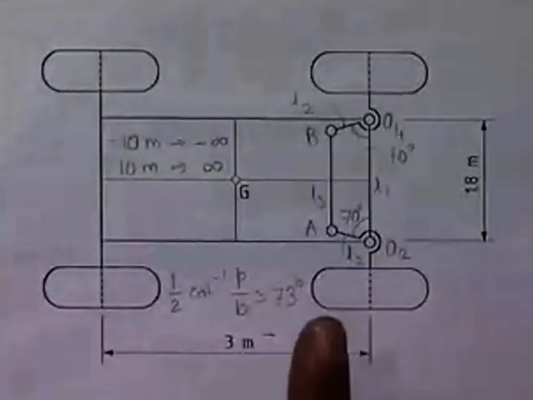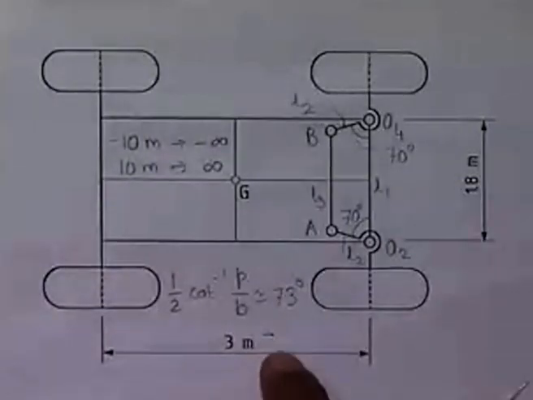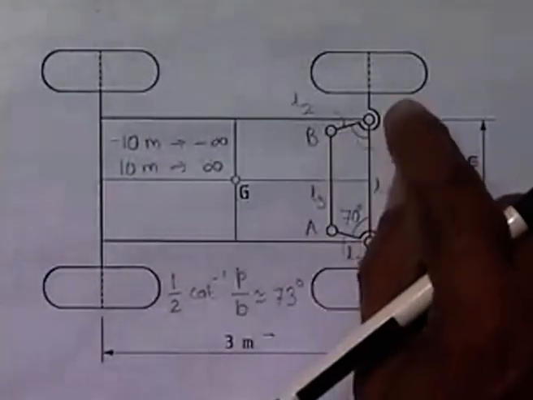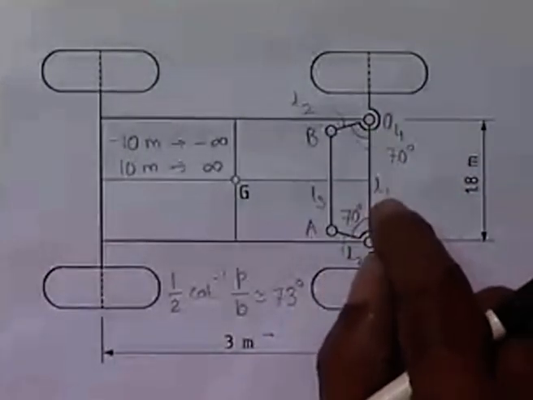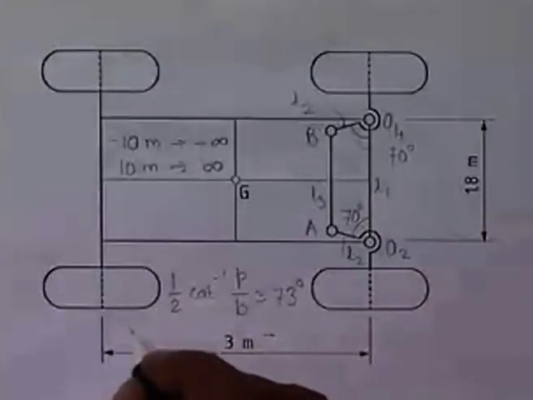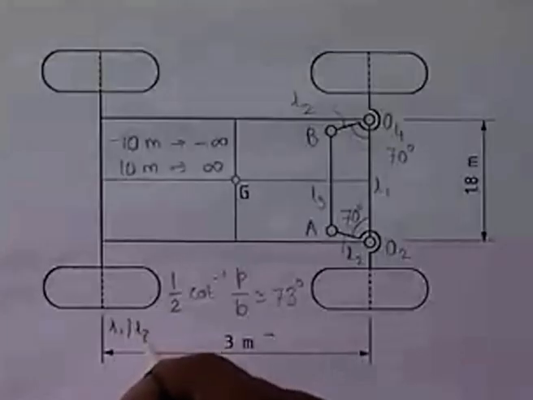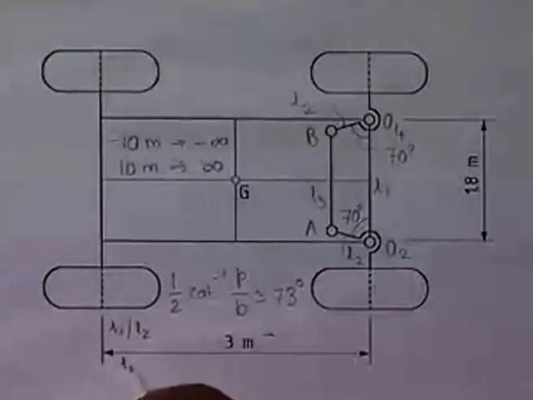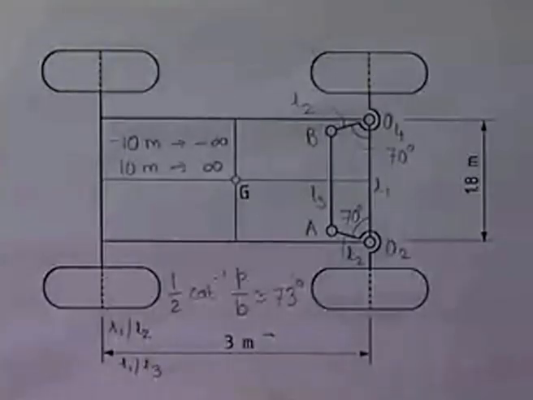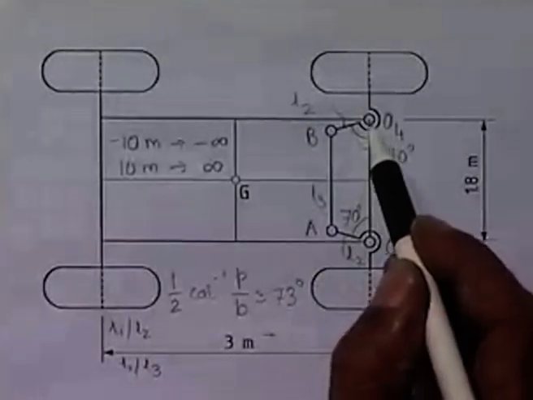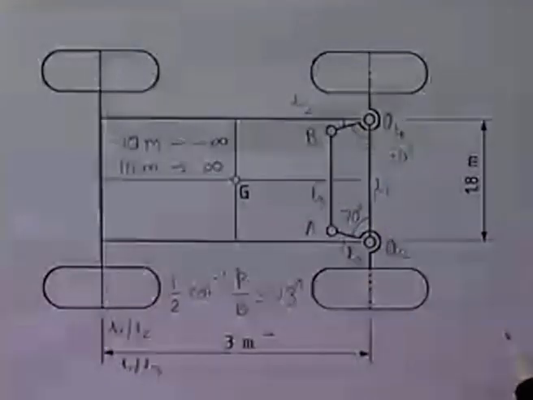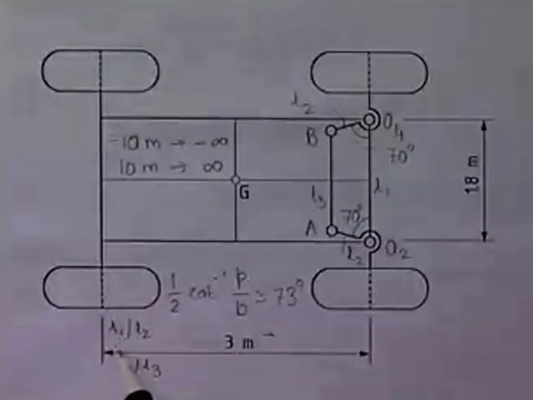And we have only one accuracy point to solve for, because we have already taken this as one of the accuracy points, and there are only two link length ratios, namely L1 by L2 and L1 by L3. So we can satisfy at the most only two accuracy points. One of the accuracy points corresponds to the state configuration. That leaves us only with one further accuracy point.